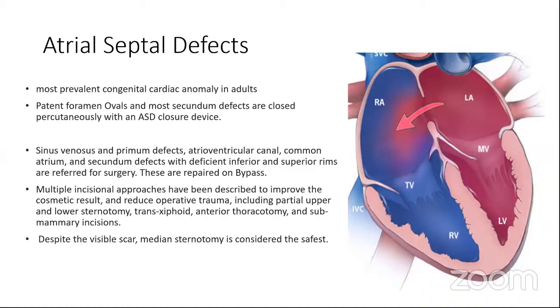Patent foramen ovales and most secundum defects are effectively closed with a device in the cath lab and are rarely referred for surgical closure. Sinus venosus and primum defects, transitional and complete AV canal, common atrium, and secundum defects with deficient inferior and superior rims are referred for surgery, and we repair these on cardiopulmonary bypass with bicaval cannulation.